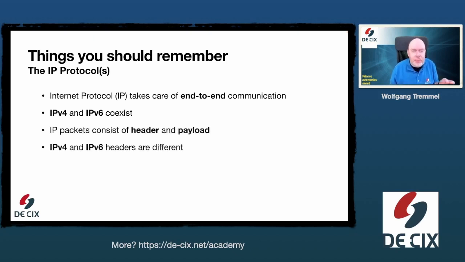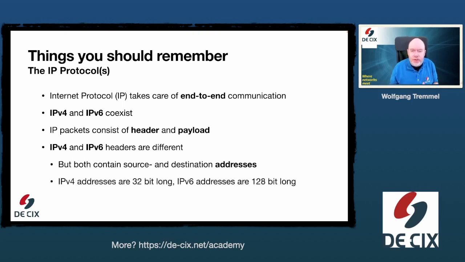And of course, IP version 4 and IP version 6 headers, they are different, but both contain source and destination IP addresses, where IP version 4 addresses are 32 bits long and IP version 6 addresses are 128 bits long. The payload can, of course, be another protocol. And well, that's it.